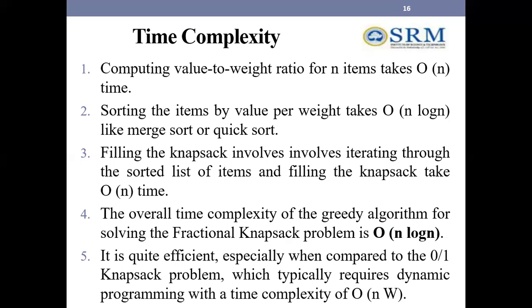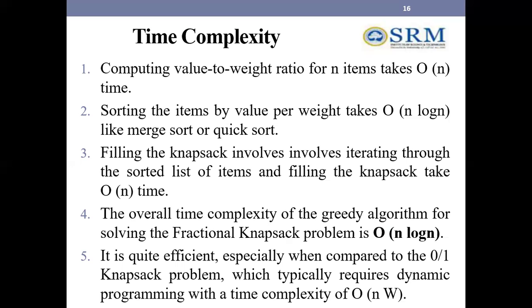The next step is filling the knapsack, which involves iterating through the sorted list. There are n items. If all items are added to the knapsack, the worst case time complexity is order of n. So there are three steps: the first takes order of n, the second order of n log n, plus order of n. When we find the time complexity of the whole algorithm, we add everything: order of n plus order of n log n plus order of n.